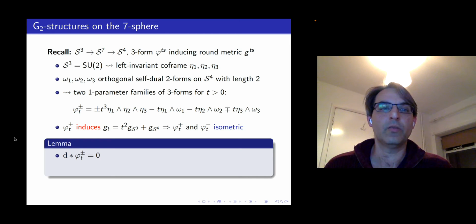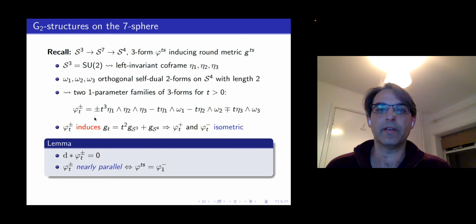So we can ask, when are these phi_t^plus and minus nearly parallel? And that's exactly 2 cases. The first case is the one we saw before, phi_TS. That's when t equals 1 and we take the minus sign in this equation.